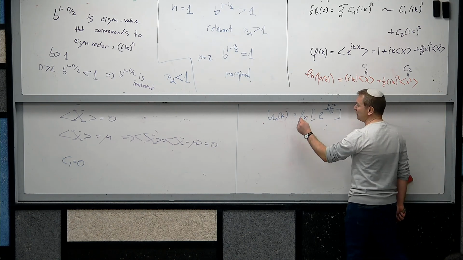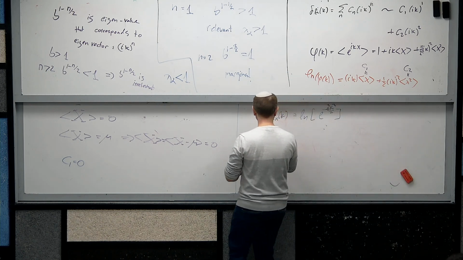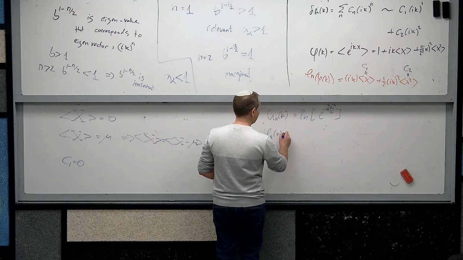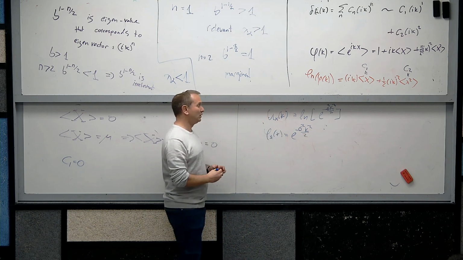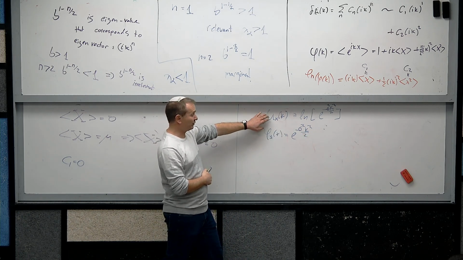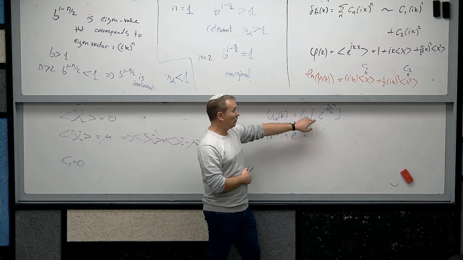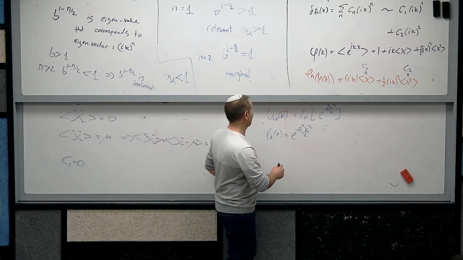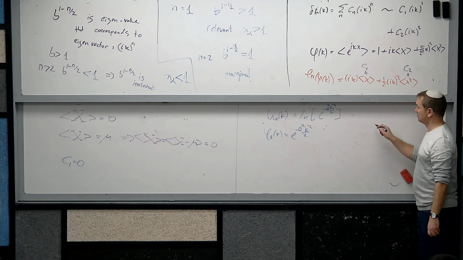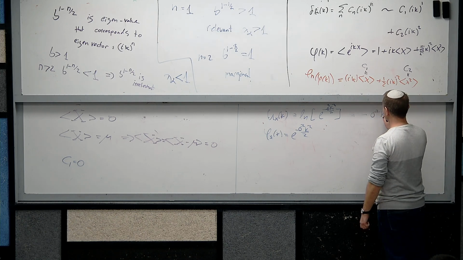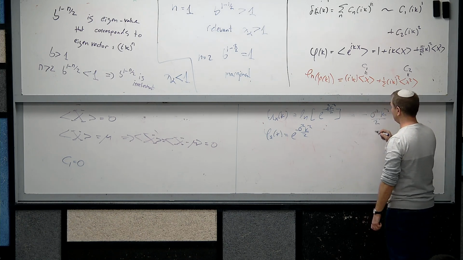We found that the fixed point, p star of k, is e to the power minus sigma squared k squared divided by 2. So u star of k is the logarithm of this guy. What is the logarithm of this guy? Simply minus sigma squared k squared divided by 2.